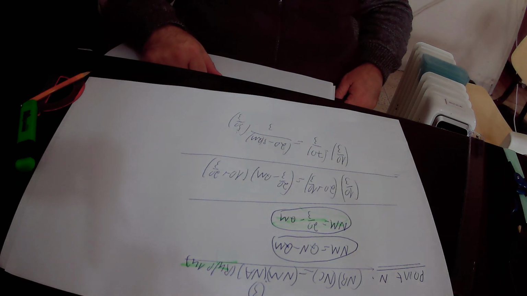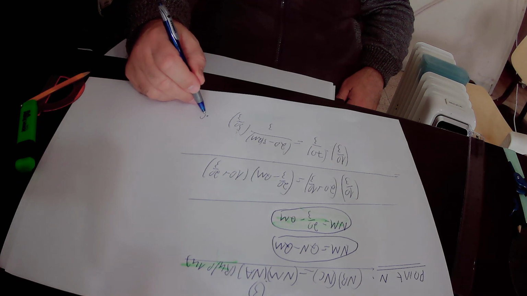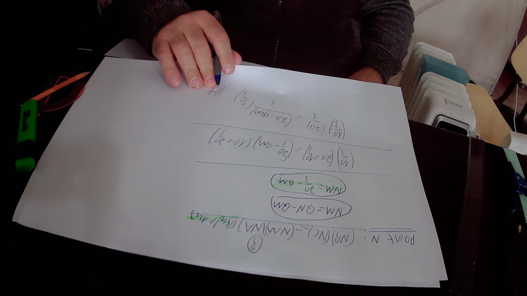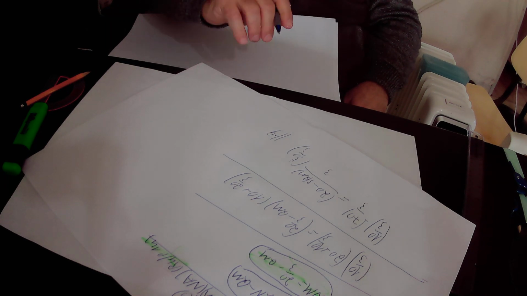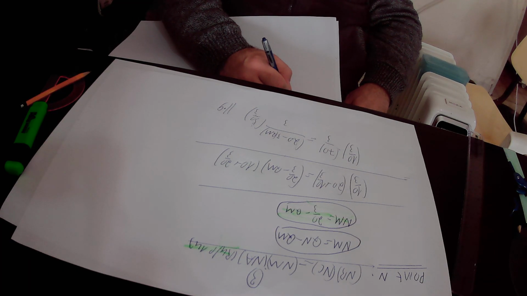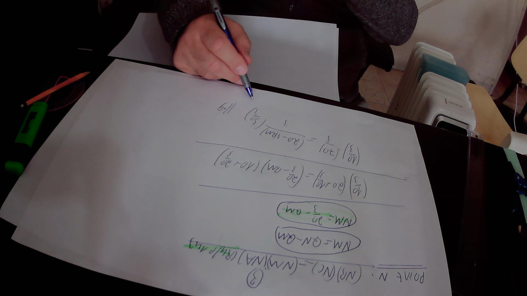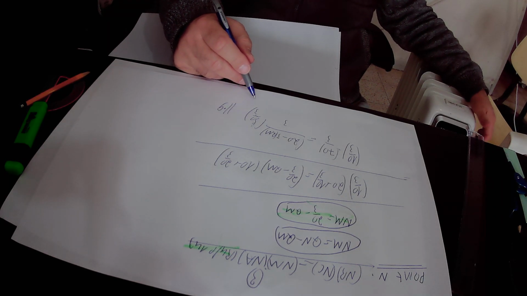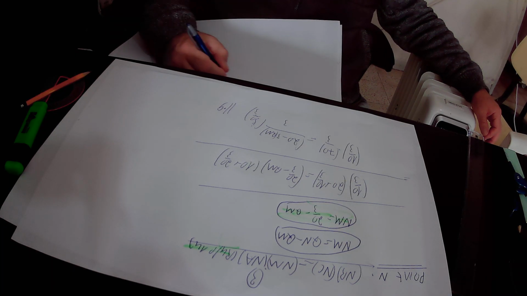Here, on both sides of the equation, we have 9 in the denominator, so we multiply the equation by 9 in order to cancel the denominator 9.